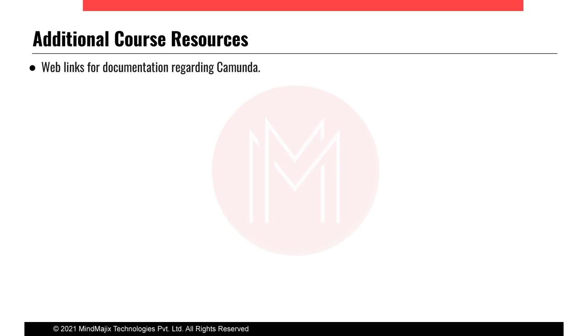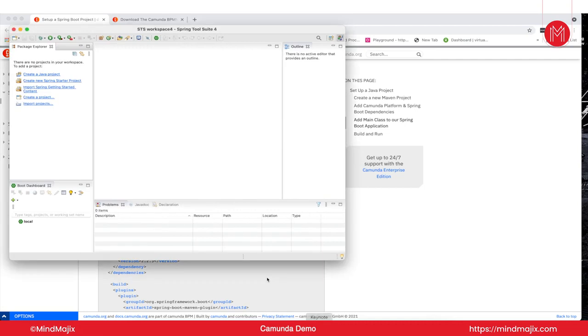Now additional course will be available after this. Let me go through the process and deploy it to the server. I am using the IDE STS, but you can use any IDE like Eclipse or IntelliJ. So let me create a new Spring Starter project.